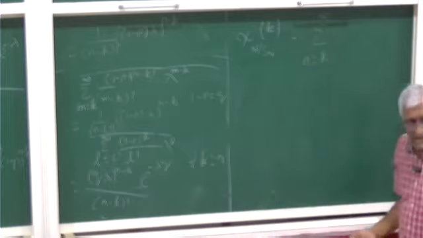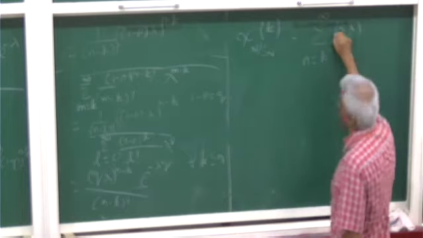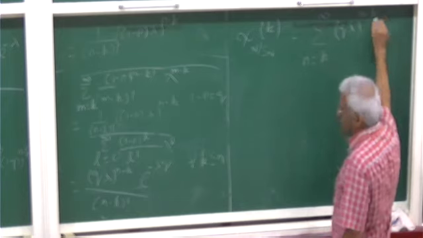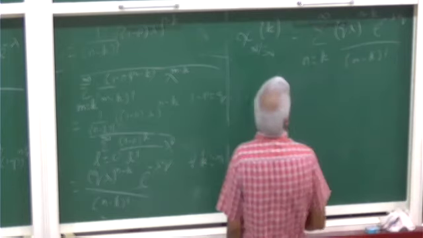Again the same thing, n equal to k to infinity. So which is just q lambda power n minus k e power minus lambda q divided by (n minus k) factorial. Where n?